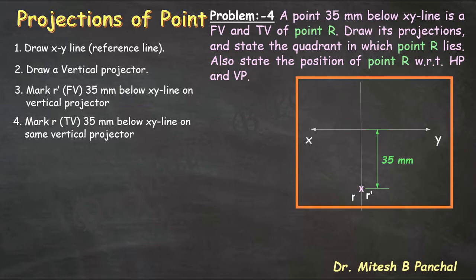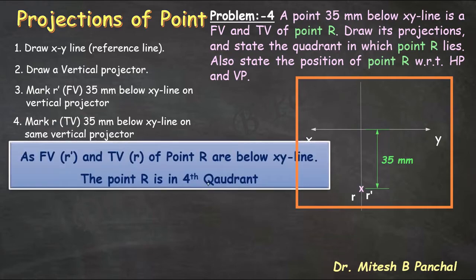Now second part, the quadrant in which point R lies. Here we know that front view and top view both are below XY line. That means point R is in fourth quadrant. Here front view R dash and top view R of point R are below XY line. So the point R is in fourth quadrant.